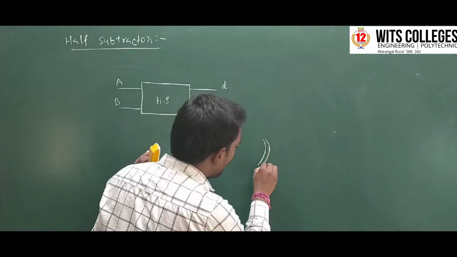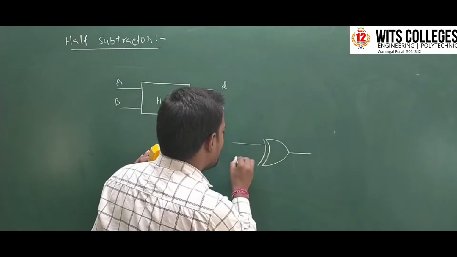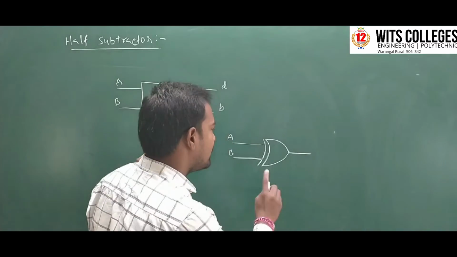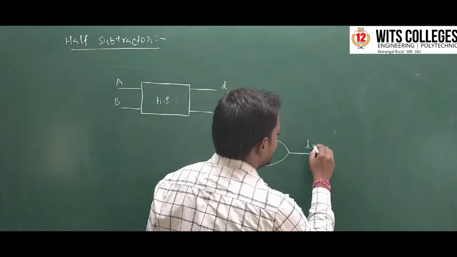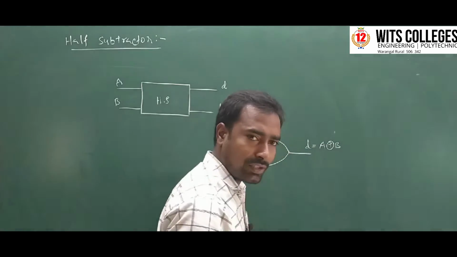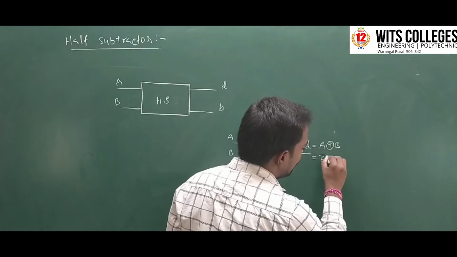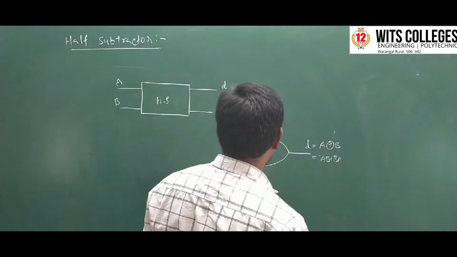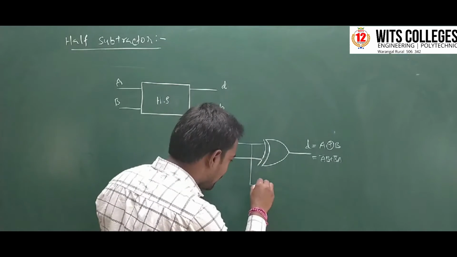Here I am using one exclusive OR gate, giving both inputs A and B, and this gives the output of the difference, which is equal to A exclusive OR B, and this can be written as A bar B plus B bar A. So coming to the borrow, here I am using one NOT gate.